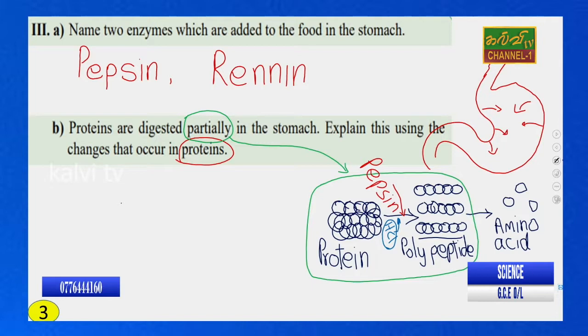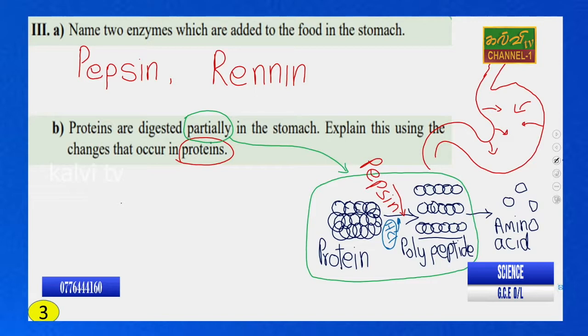So here proteins are digested partially in the stomach. Explain this using the changes that occur in proteins. So we should say the digestion is not complete in the stomach. The digestion of protein is not complete in the stomach.